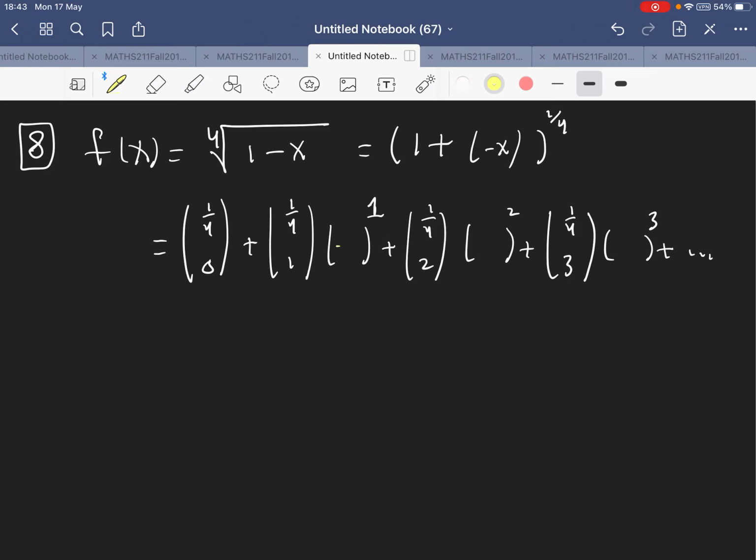How do we fill this bracket? We just write negative x, negative x, negative x. Now we need to find those numbers and plug them in.